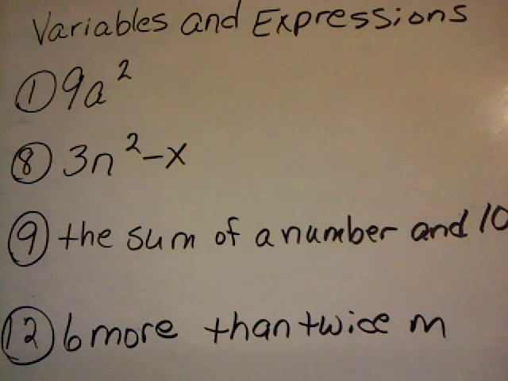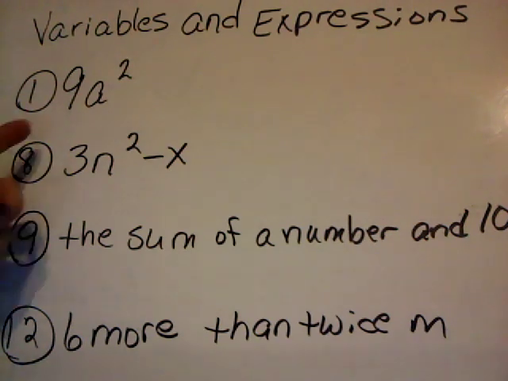And then it's going to be squared or raised to the second power. We can write this in many ways as long as we use one of the terms for multiplication. I would not say 9 increased by a because increased means to add. So I have to use a term that matches multiplication terms or products.